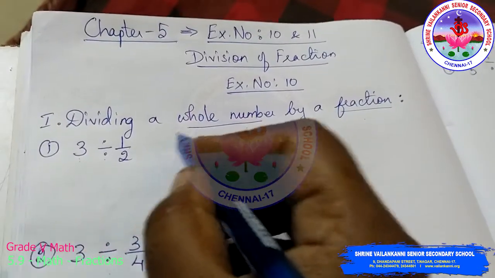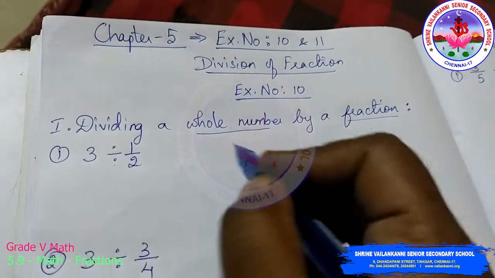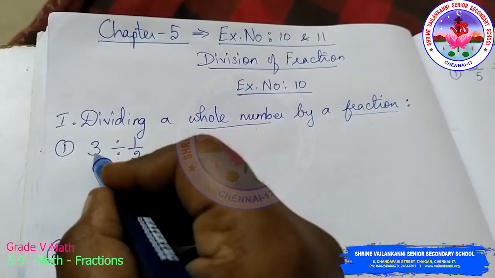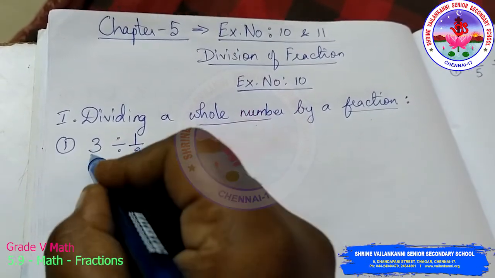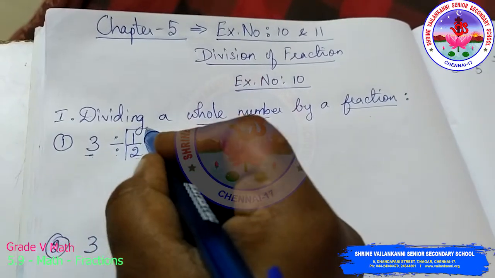Whenever you do division with a fraction, you always have two sides of numbers, this is the left side and this is the right side. Take the right side value.